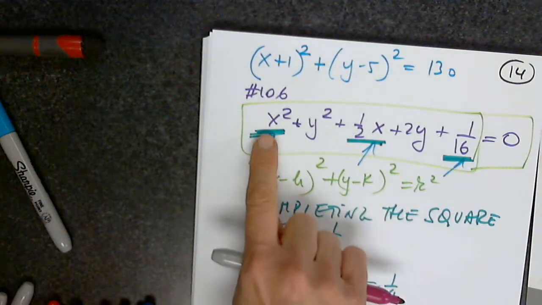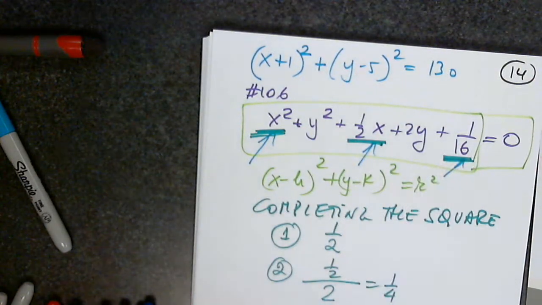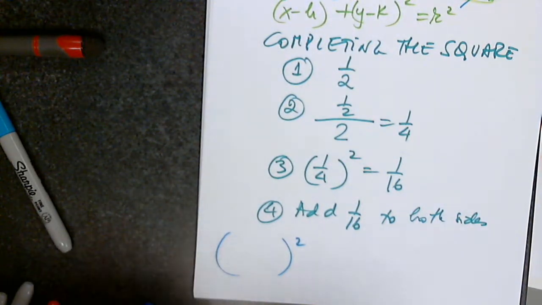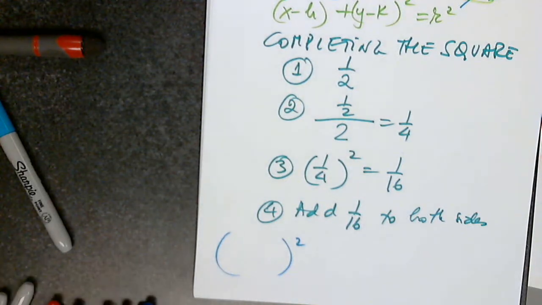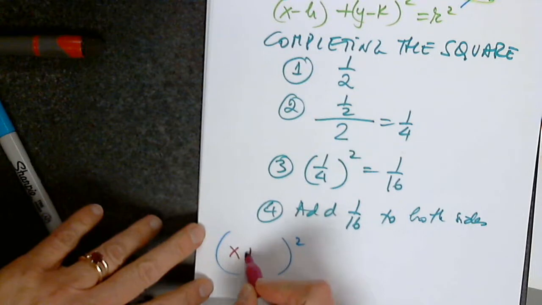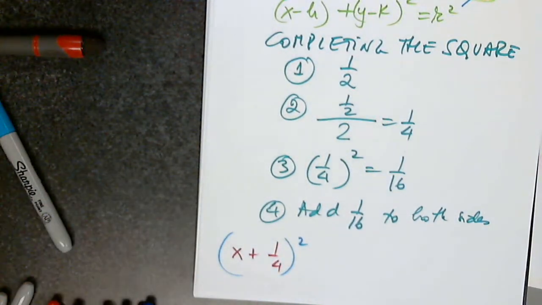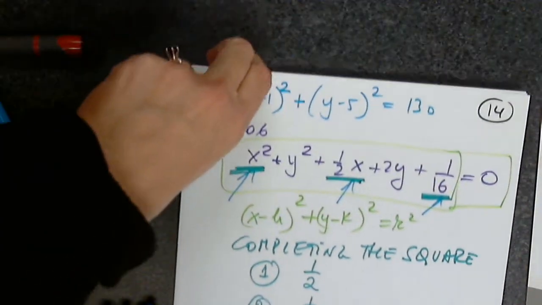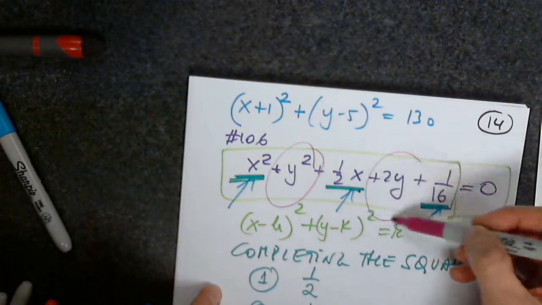I get it. (x plus 1/4) squared. Exactly. Thank you. x plus what we squared to get 1/16. Excellent. Okay. Now we repeat the procedure for y.